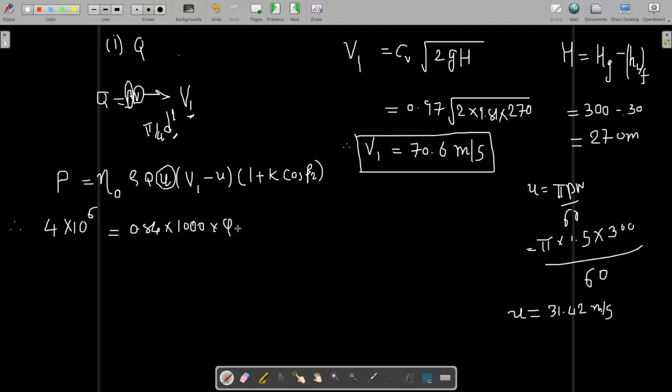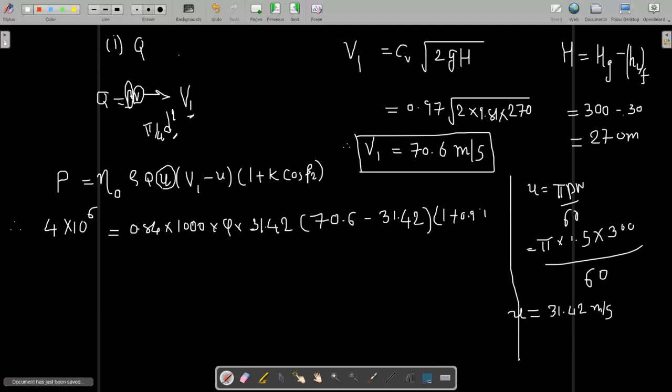Q we have to find. U, the bucket velocity, is 31.42. V1 we have found here, 70.6, minus 31.42, into 1 plus K, which is 0.9, cos beta 2, that means cos 15 degree.